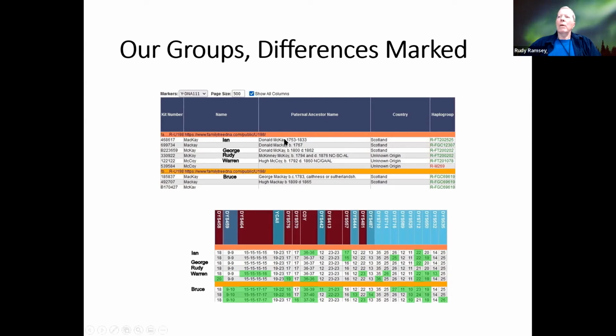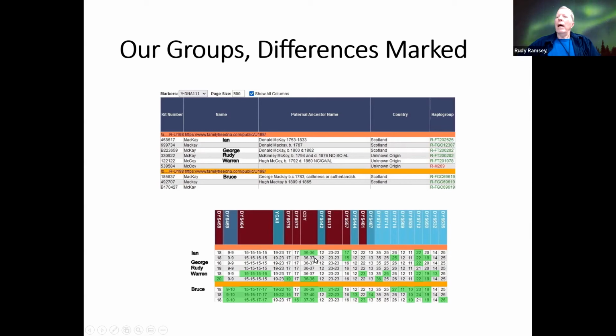His earliest well-documented ancestor is Donald McKay, also called Mad Donald McKay, an interesting guy about whom books have been written, who was born in 1753 in Scotland. He died in Canada in 1833. And this is his Y haplogroup. Again, you've got to wait, we'll get there. So here's George's line, similar information, and mine, and Warren's, and Bruce's.